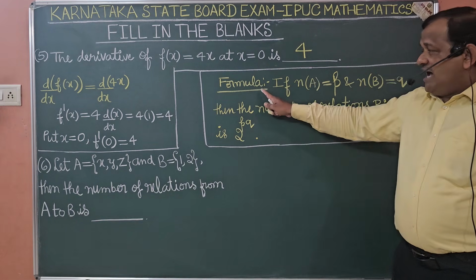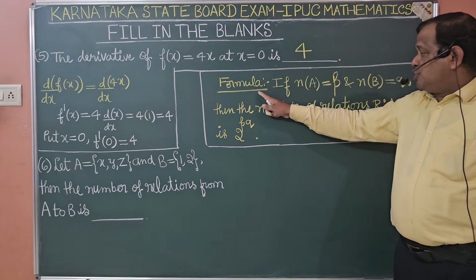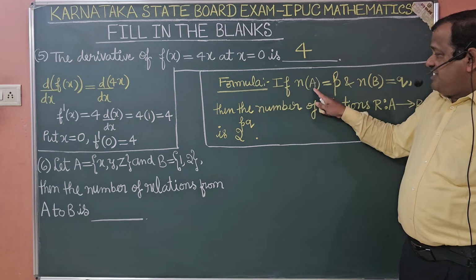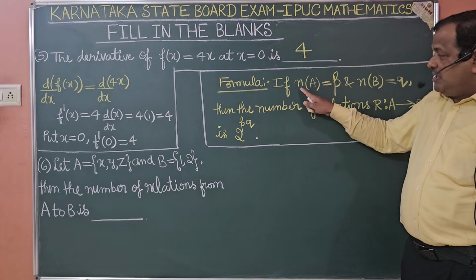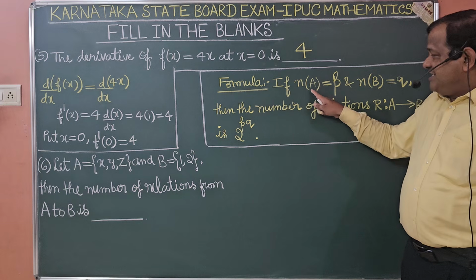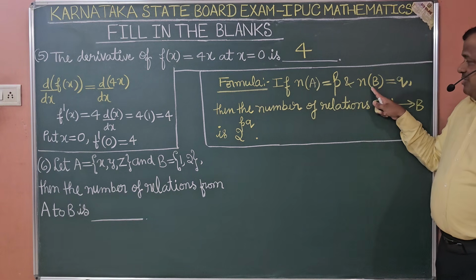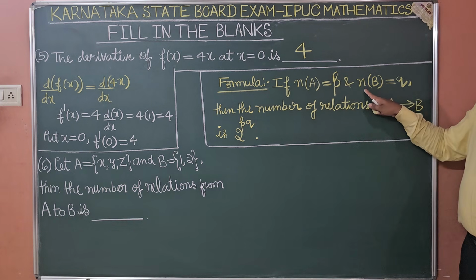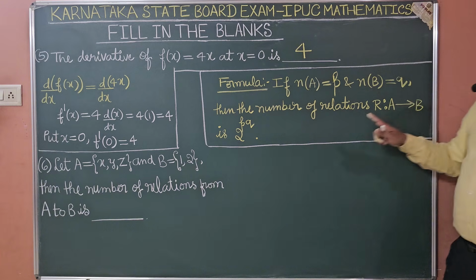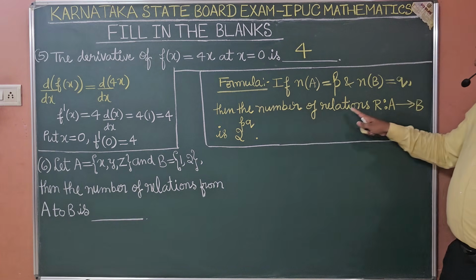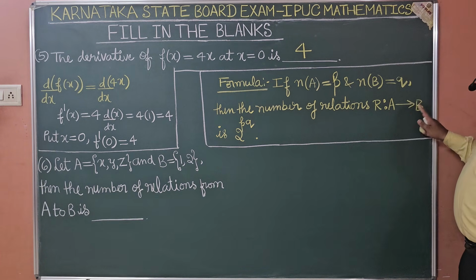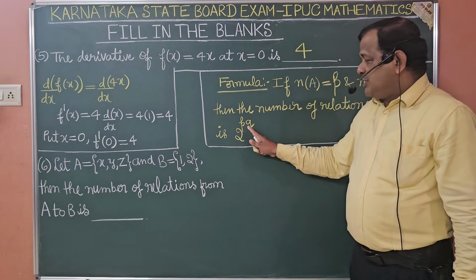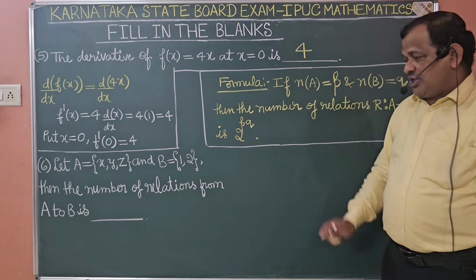See, the formula I have written here. Kindly go through. If n of A is equal to P, meaning the number of elements in set A is P, and n of B is equal to Q, the number of elements in set B is Q, then the number of relations from A to B is always 2 power P into Q.